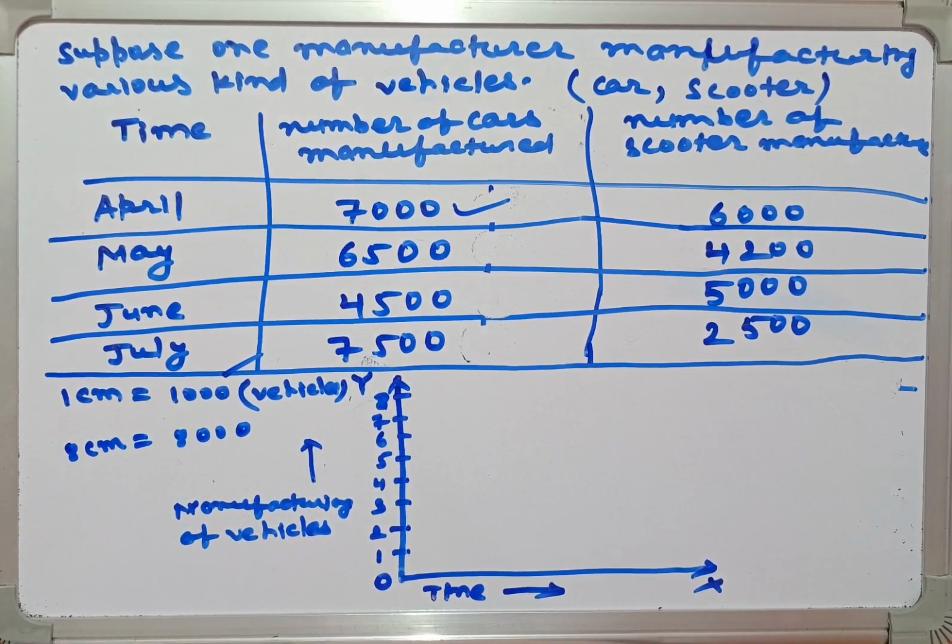Okay guys, now time to represent time on x-axis. So suppose here is one point which represents April, then here is time May. Okay, and here is another time, which one is June, and here is another time which represents July.